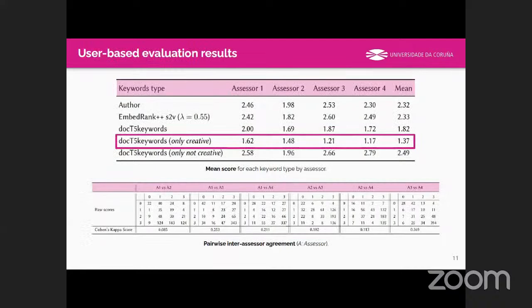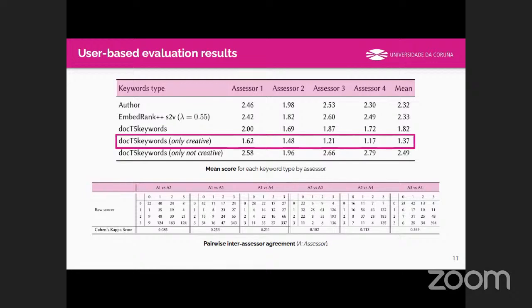Here we can see the results of the user-based evaluation. As we may see, our model tends to hallucinate keywords that are not related to the input document when switching between datasets. We can also see here the problems of classic evaluation when evaluating the models, as the difference between EmbedRank and our model here is much bigger than the one shown in the offline evaluation.